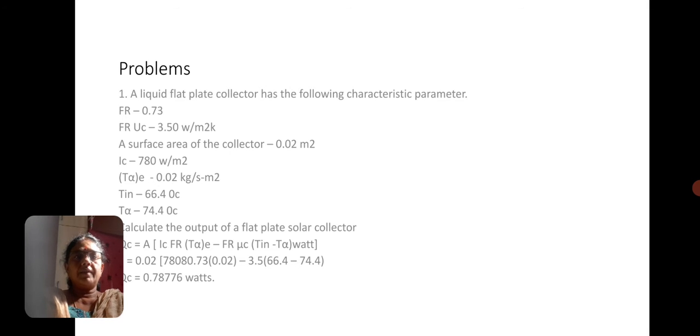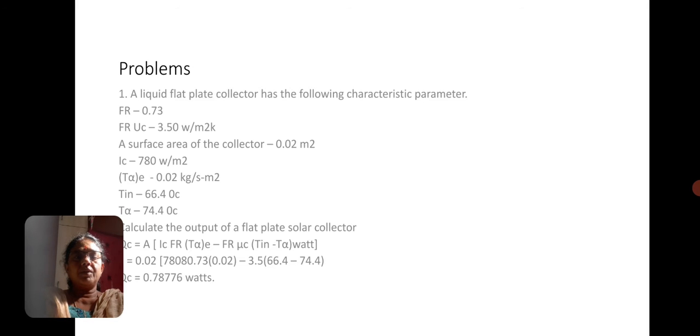This 78,080.73 is taken as you multiply IC into FR into tau alpha. Directly I substituted the value there. So individually you multiply and you substitute that.